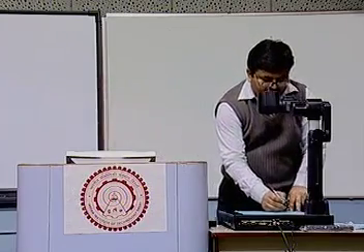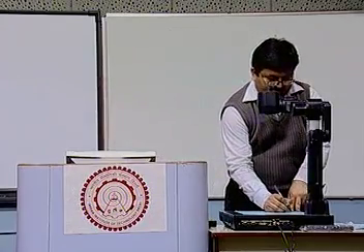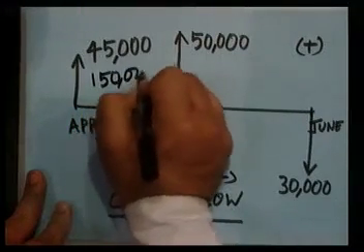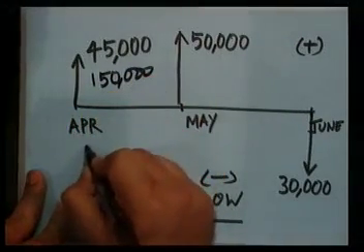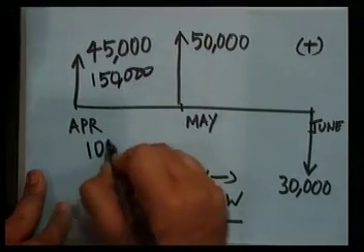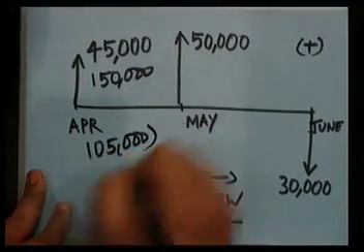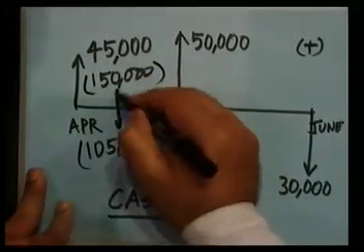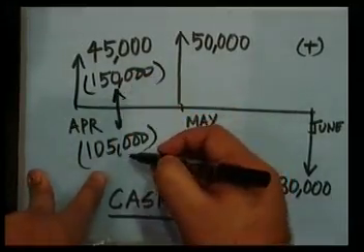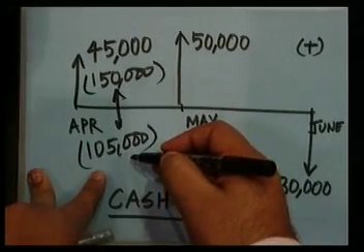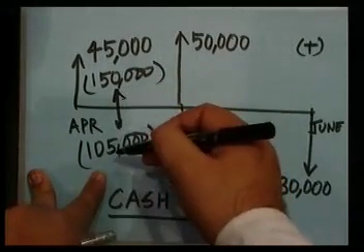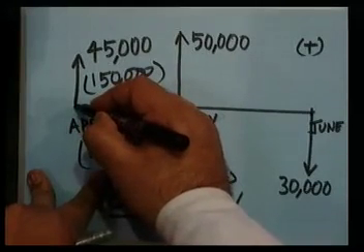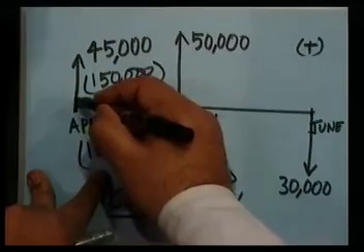For example, for the month of April, here we had 150,000 and here I had 105,000. Now, this is what I have subtracted, 150,000 minus 105,000.